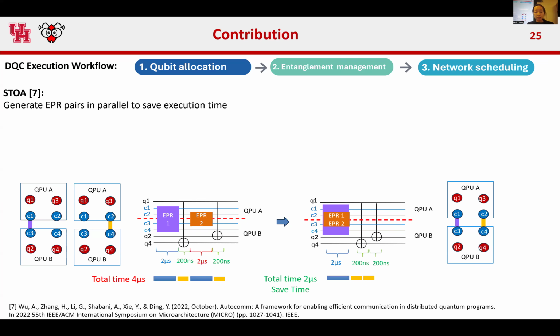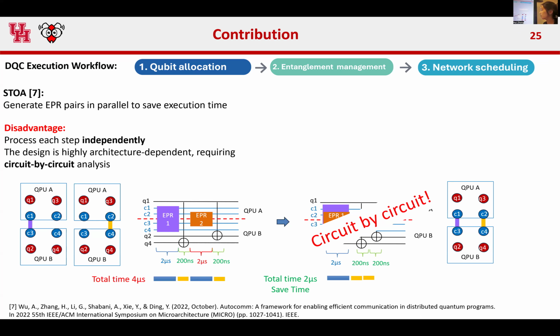For this case, the total time becomes 2 microseconds. So it saves time, right? But this work still has disadvantages. The first one is that it still handles every 3 steps independently. And the design is highly architecture dependent, requiring circuit-by-circuit analysis. We will talk about it in more detail on the next page.